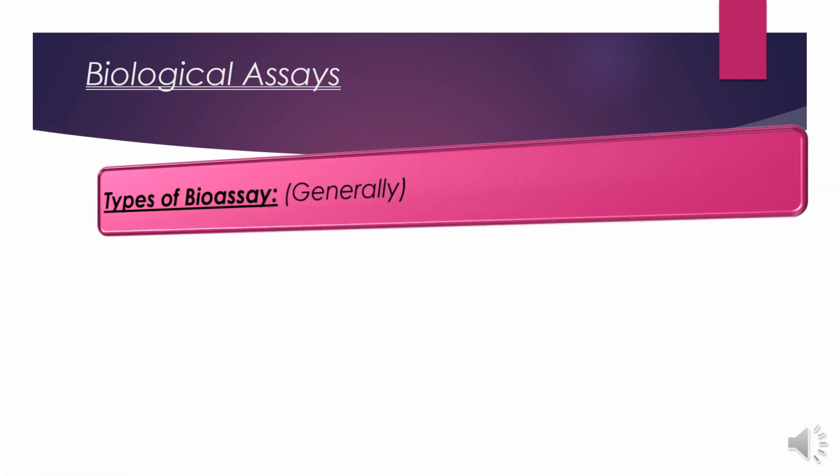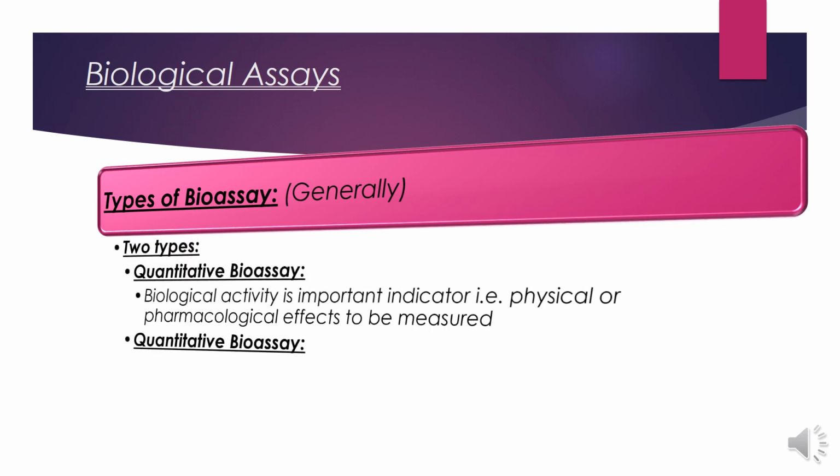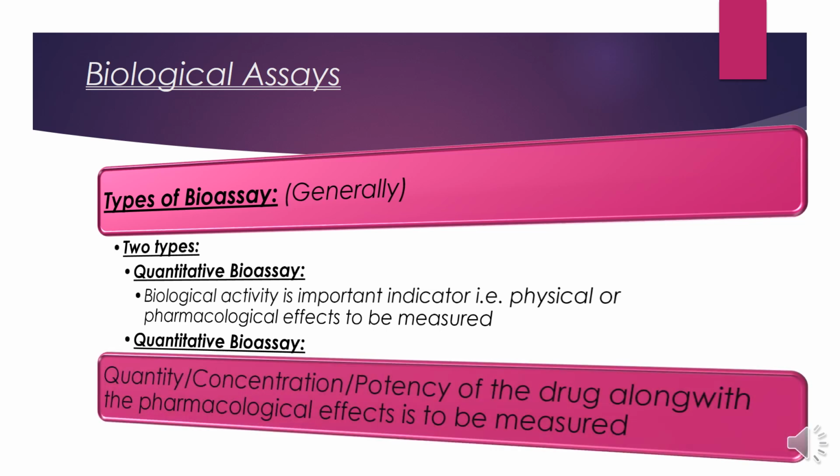So types of bioassays, generally, there are two types: the quantitative bioassay and the qualitative bioassay. In the qualitative bioassays, the biological activity is the important indicator; any pharmacological effect that is being shown is measured, like whether temperature is there or not.